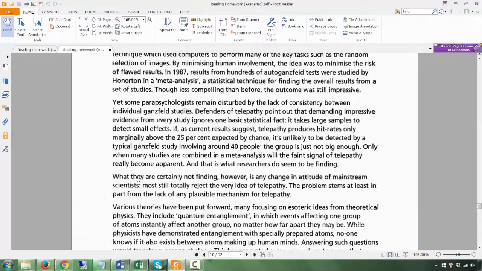Now, see here, what they are certainly not finding, however, is any change in attitude of mainstream scientists. So the attitude is not changing. Most still totally reject the very idea of telepathy. The problem stems, at least in part, from the lack of any plausible mechanism for telepathy. So the reason why scientists are still rejecting telepathy is because of the lack of any plausible mechanism.